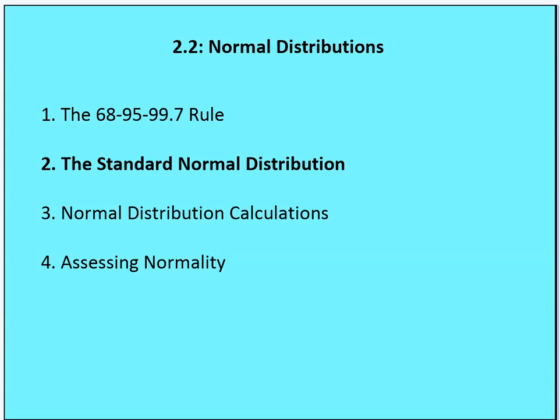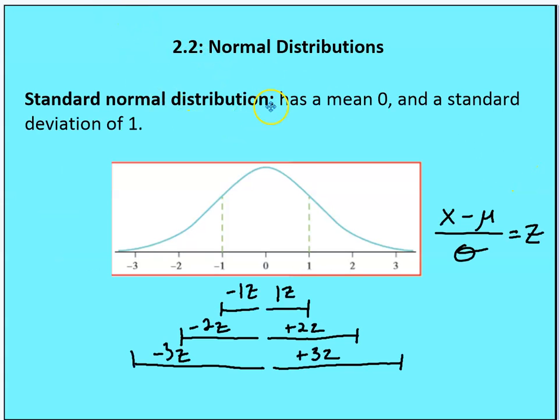Okay, so the second topic we want to talk about is the standard normal distribution. So let's define what the standard normal distribution is. The standard normal distribution has a mean of 0 and a standard deviation of 1. So I'm basically superimposing these values onto some distribution in a way so that the mean is 0 and each standard deviation is equivalent to some integer value multiplied by 1.